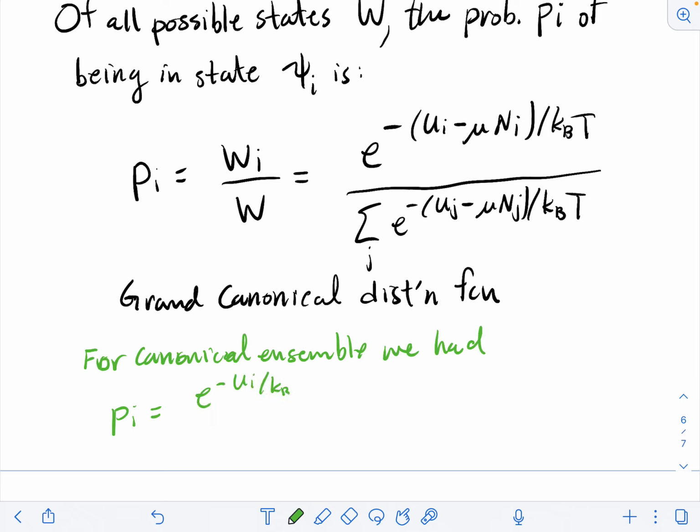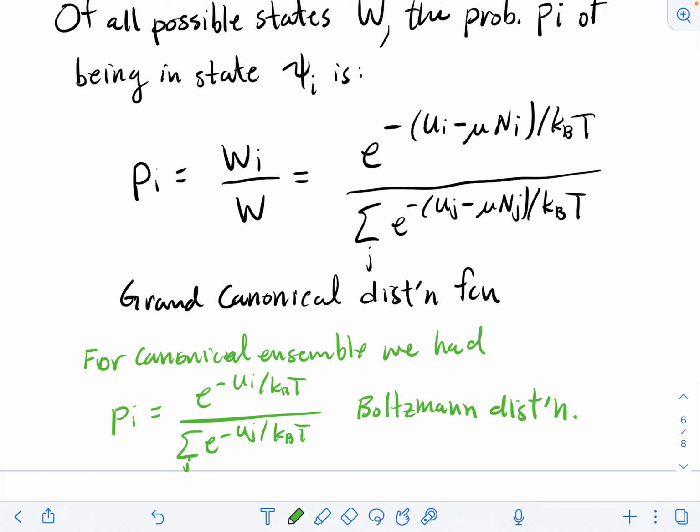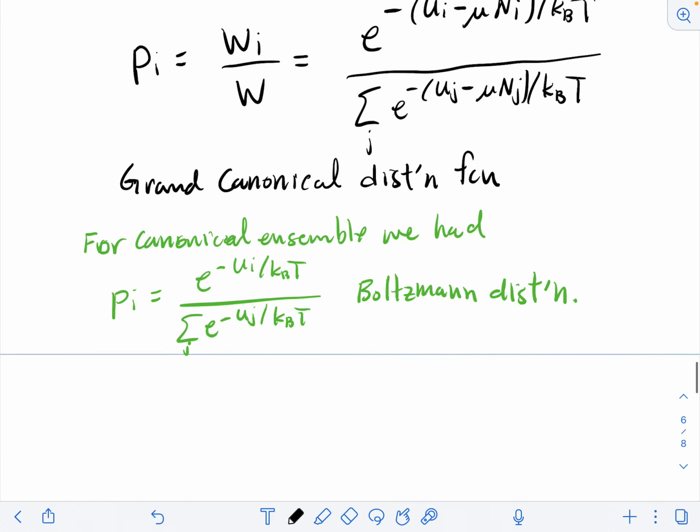But other than that, it looked the same. We had a nicer name for this. This was the Boltzmann distribution instead of the grand canonical distribution function. Okay, so I'll go back to black, which will be results for the grand canonical ensemble.